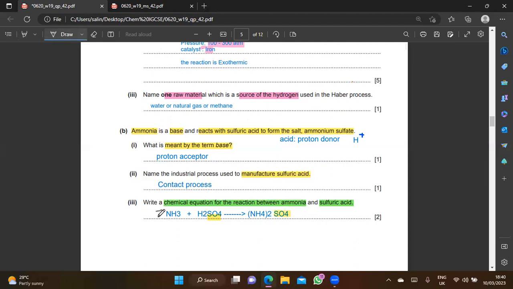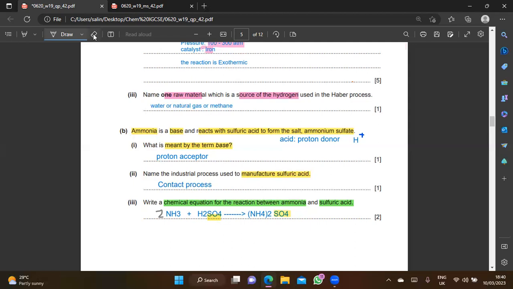Maybe I just put 2 here, just for the sake of 2 nitrogen. When we say trial and error, definitely we don't know. First, we're just trying our luck. So we have to look at both nitrogen and hydrogen. 2 nitrogen here, times 2. Nitrogen is balanced. Check the hydrogen again. 2 times 3, 6. 6 plus another 2, 8. Here, 4 times 2, 8. It's balanced now.